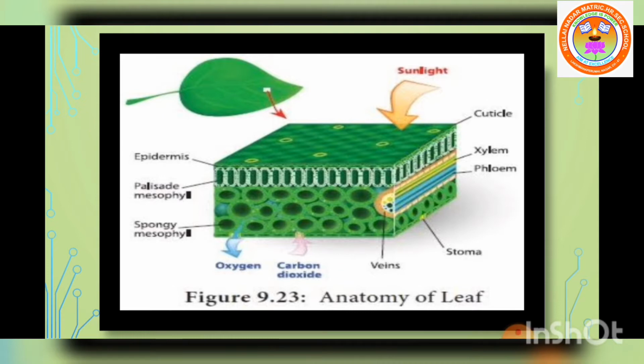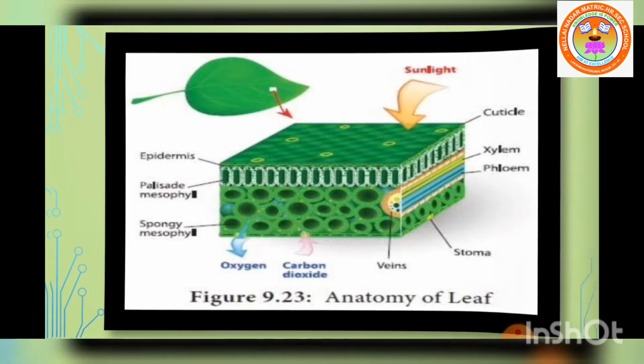The mesophyll tissue has two different types of parenchyma, palisade and spongy parenchyma. Especially spongy parenchyma cells enclose a lot of air spaces. The presence of air spaces is a special feature of spongy cells. They facilitate the gaseous exchange between the internal photosynthetic tissues.